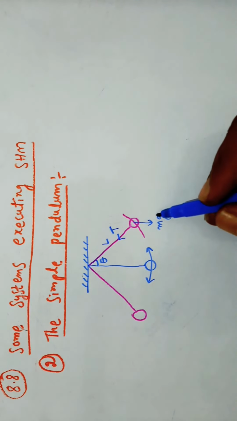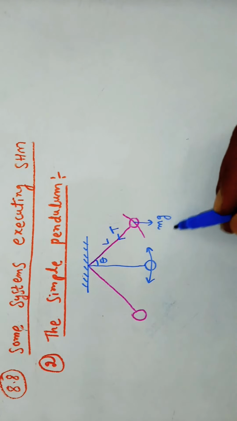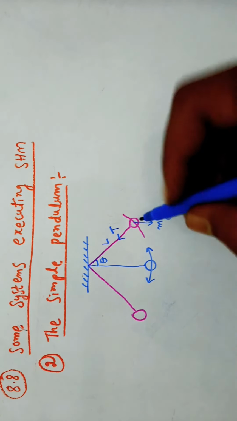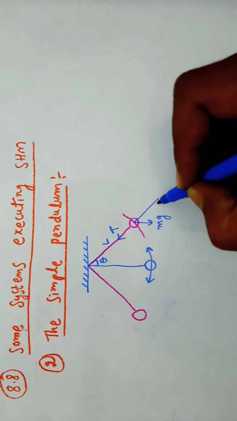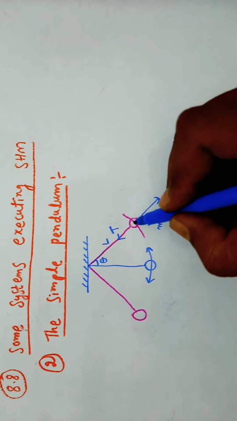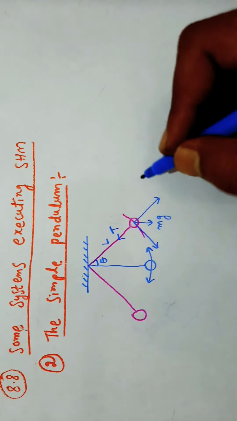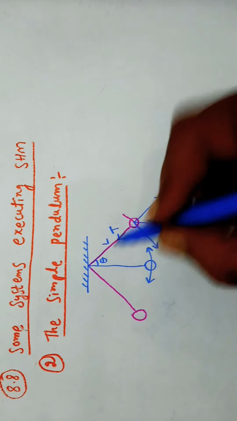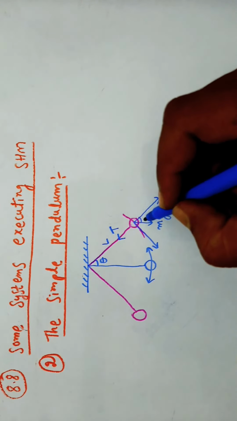If we resolve the gravitational force mg into two components, one is in this direction and another force is in this direction. Here it is theta, here also it is theta.